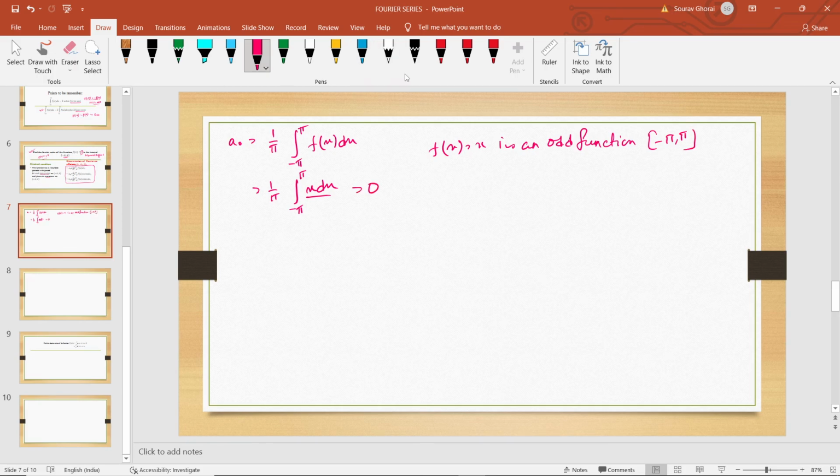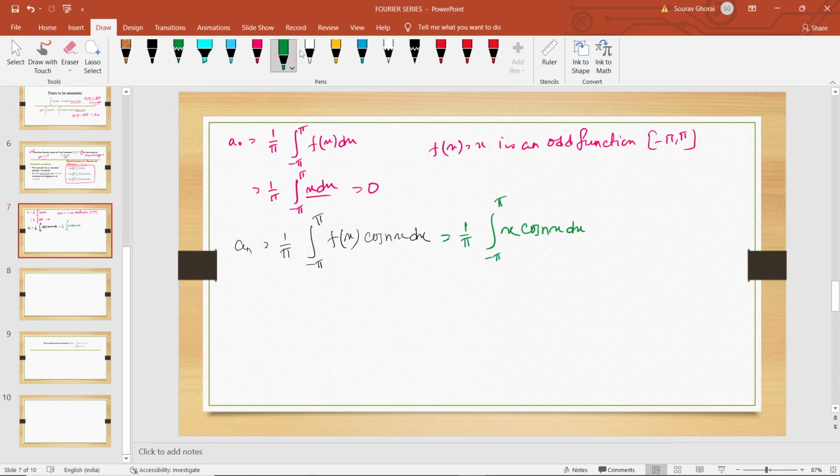So now in the next, what we have to find is an. So how can we find an? an is equal to 1 by pi minus pi to pi f of x cos nx dx. So this is 1 by pi minus pi to pi x cos nx dx.